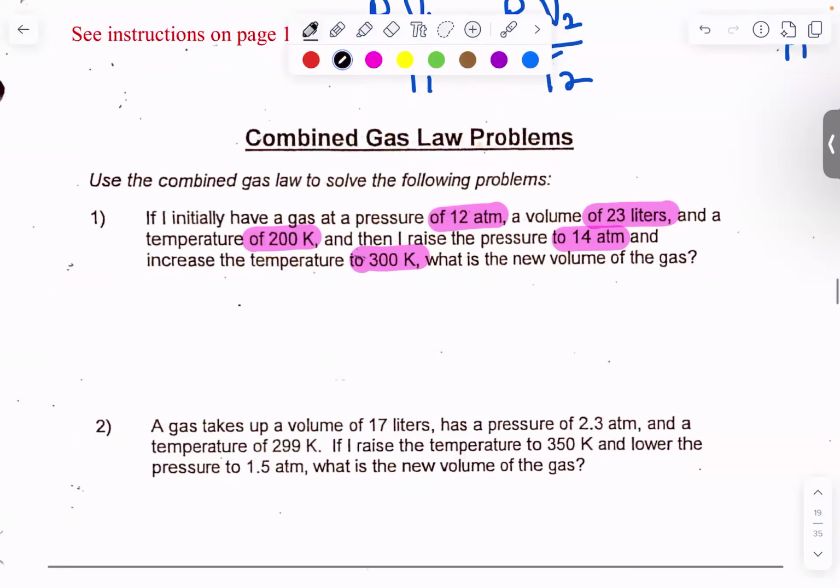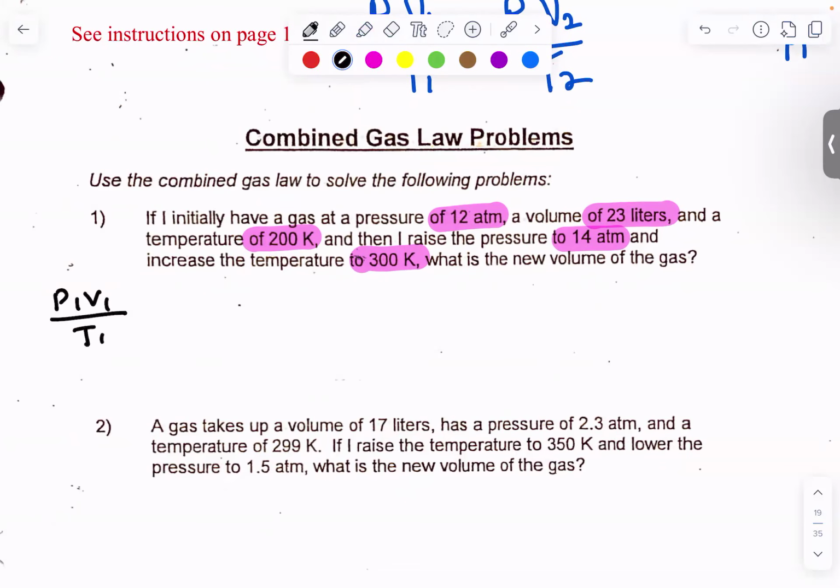Okay. So what I will do is P1 V1 over T1 is equal to P2 V2 over T2. Are you following me? Soumya, don't try it. I'll do it for you and then you will try the next one, okay?